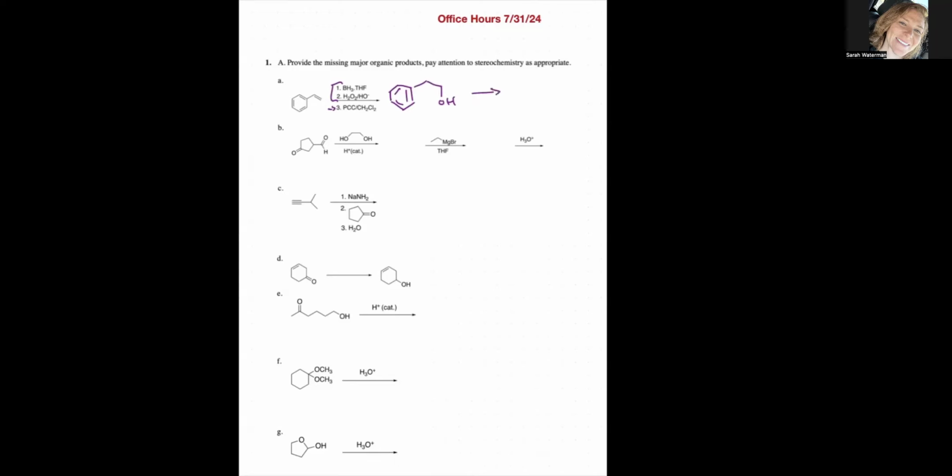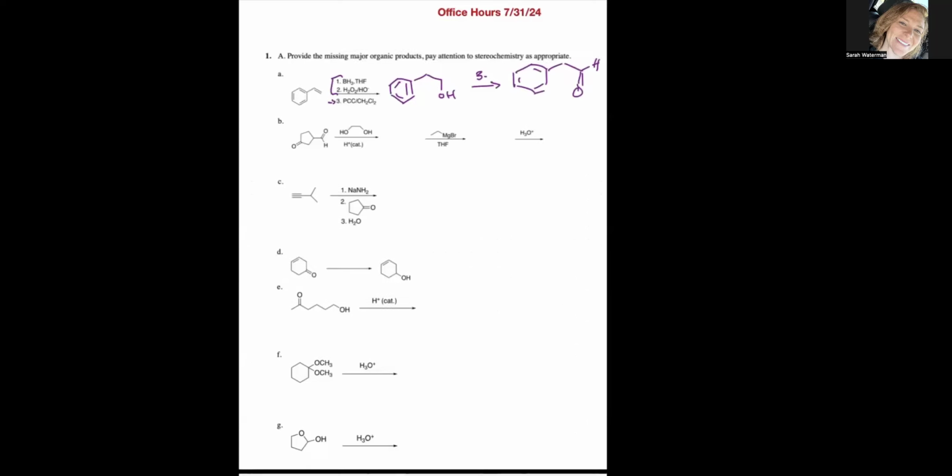And then our third step, I'm just going to write number 3. And we're oxidizing this. So we end up with an aldehyde, right? So this is just our aldehyde synthesis.